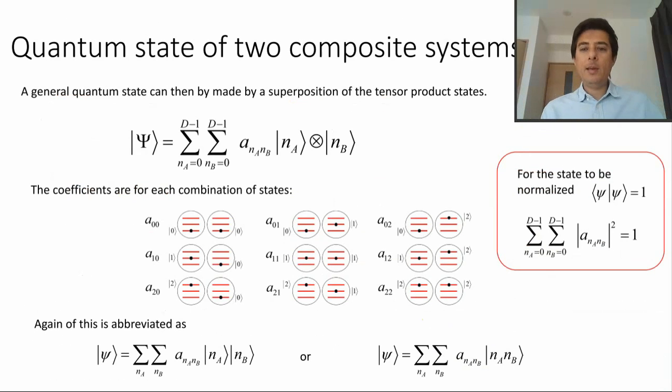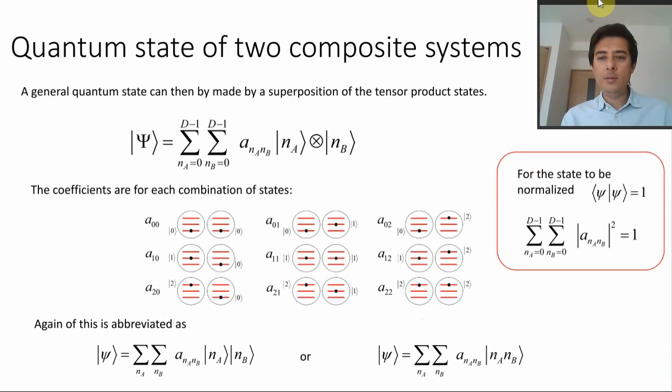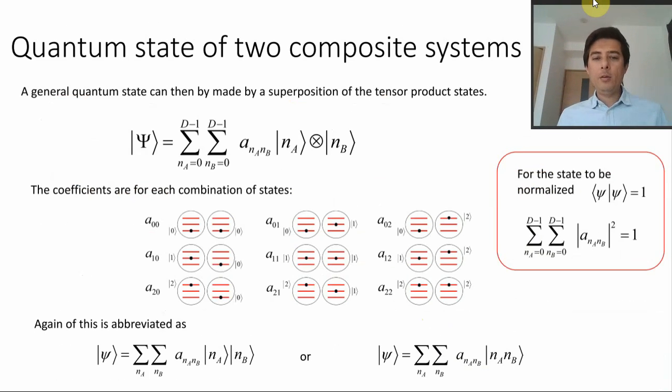Now, how do we make a quantum state? Well, if we're saying that any one of those combinations is a distinct state, then we can make a full quantum state using those by taking any linear combination, as in we multiply each by some complex number, and then we add over all the different combinations, right?